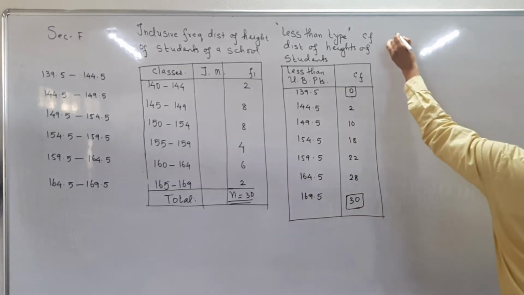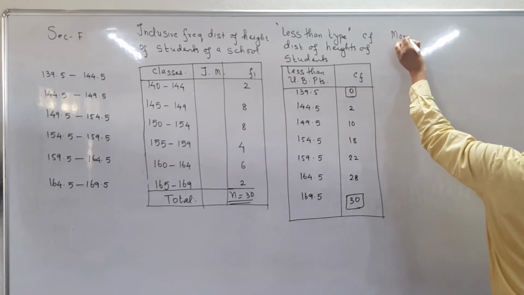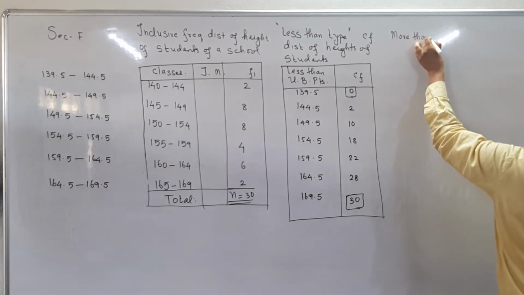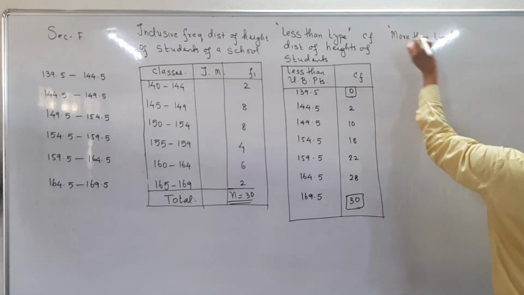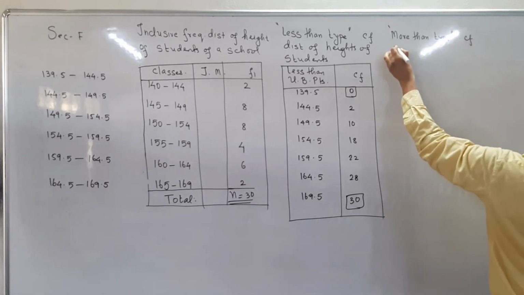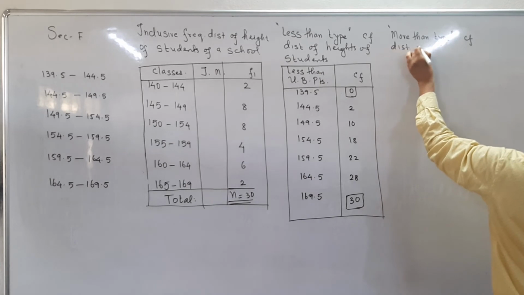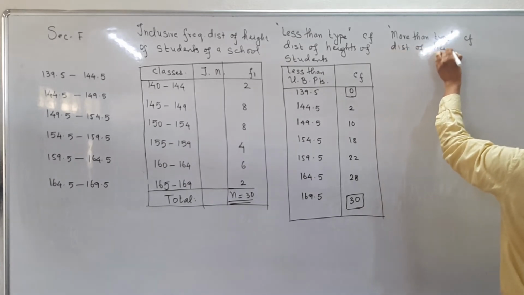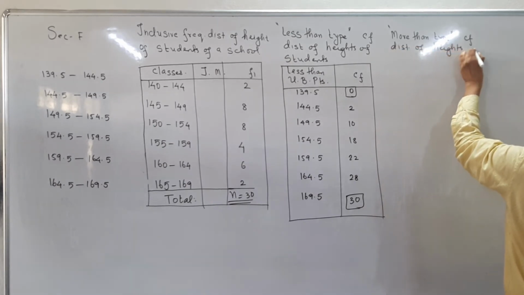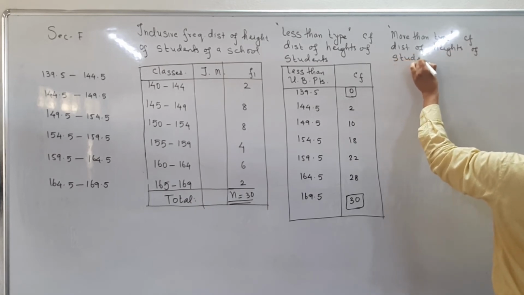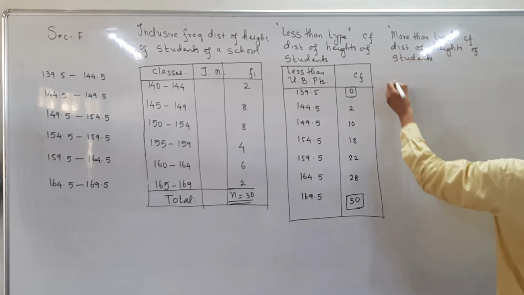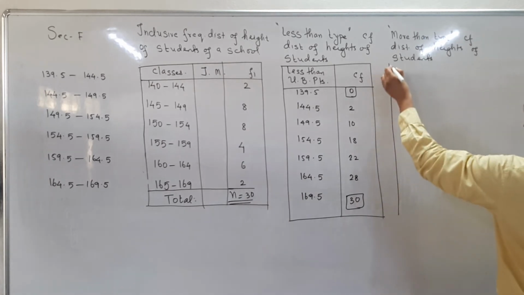Now, more than type cumulative frequency distribution of heights of students. Again, same two columns.